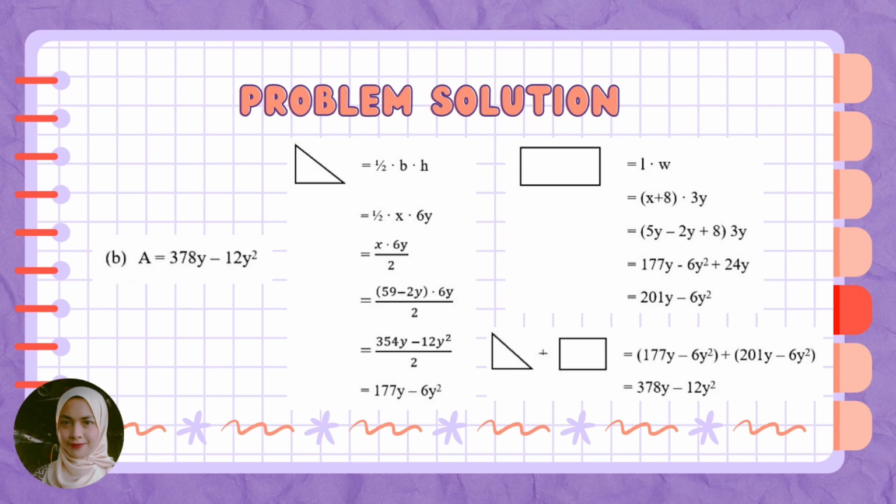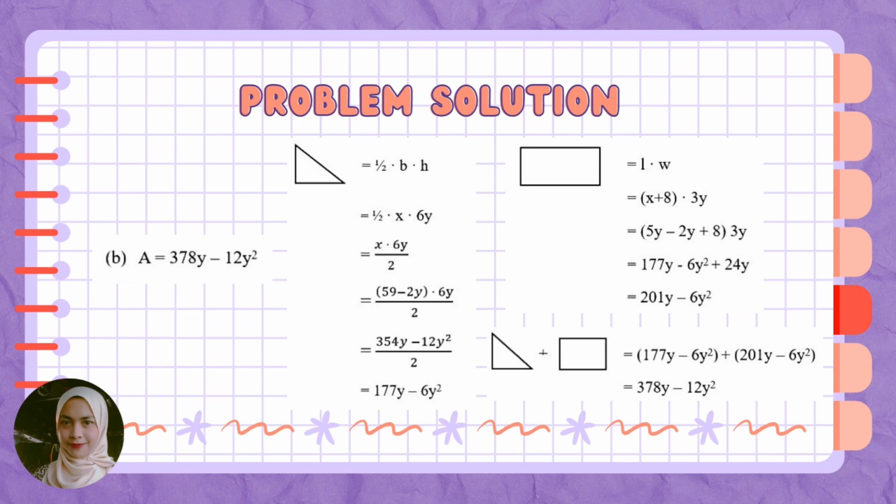To find the area of the triangle, the formula is 1 over 2 times base times height. So 1 over 2 times x times 6y will be x times 6y over 2. The value of x is 59 minus 2y, times 6y over 2.